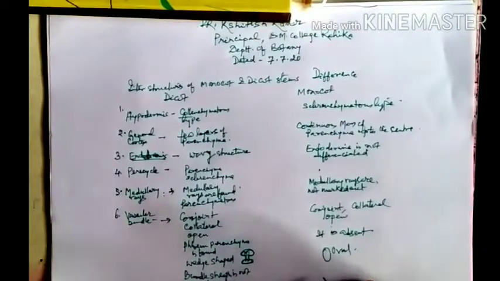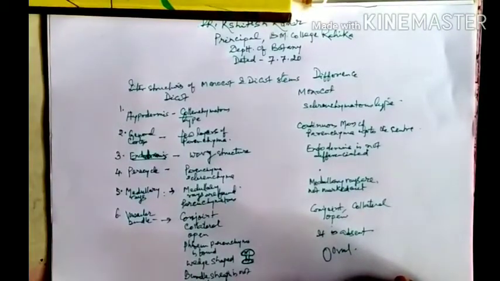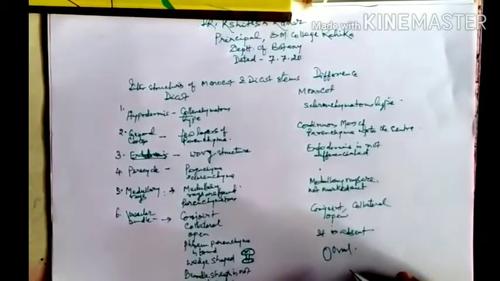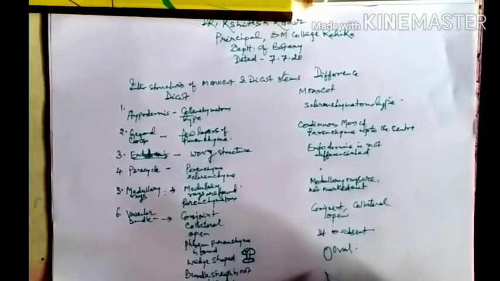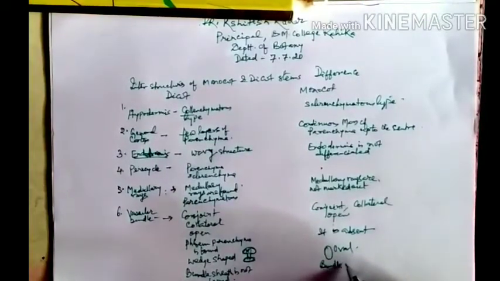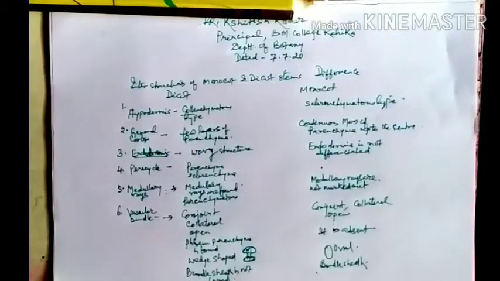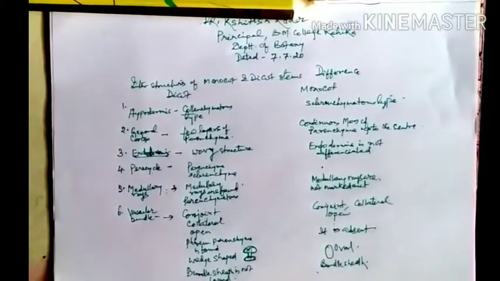But in the monocot stem, there is a membranous covering around the vascular bundle, which is of sclerenchymatous fiber, and it is known as the bundle sheath. So these are the differentiations between the internal structures of dicot and monocot stem.